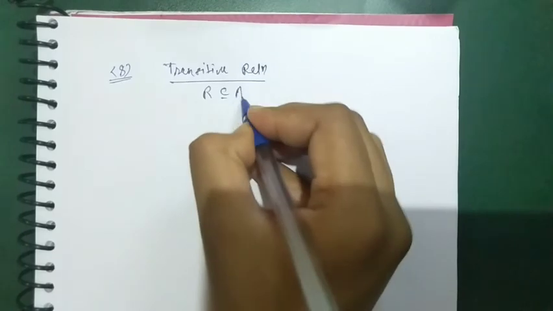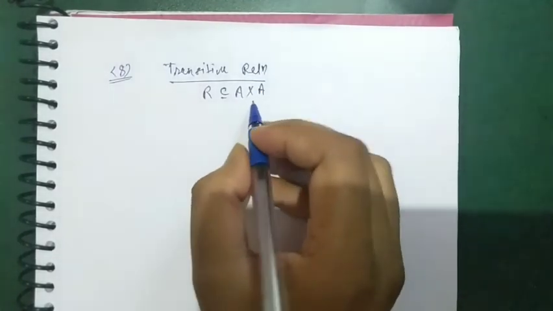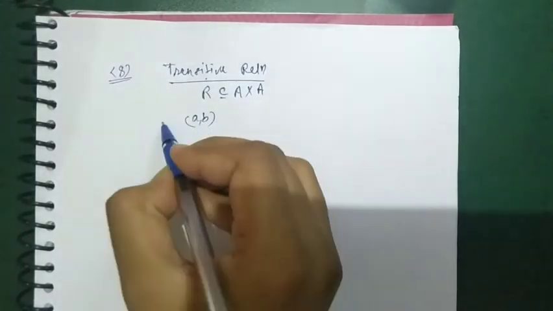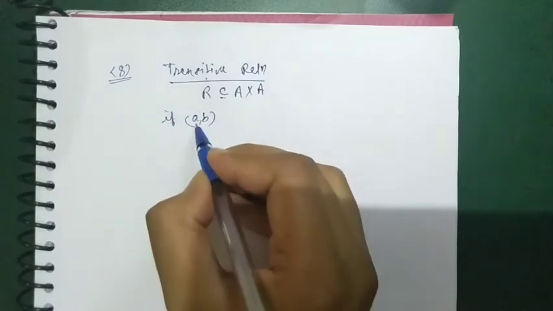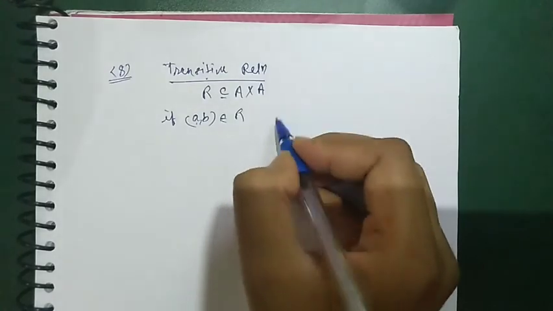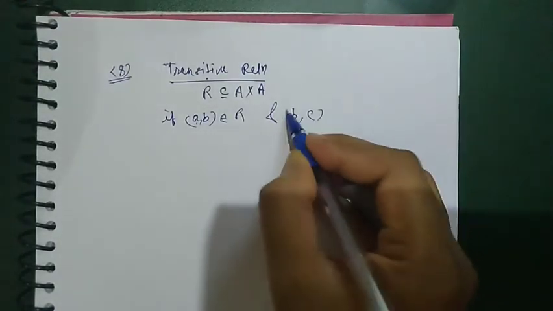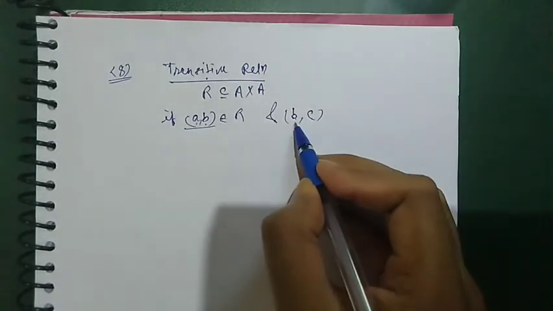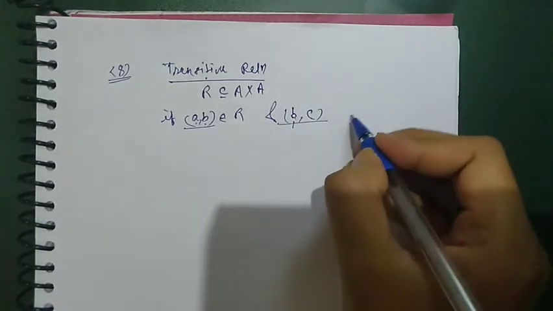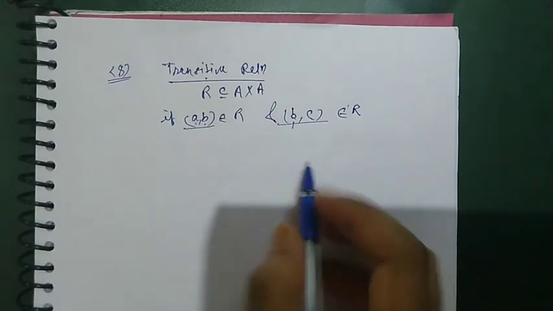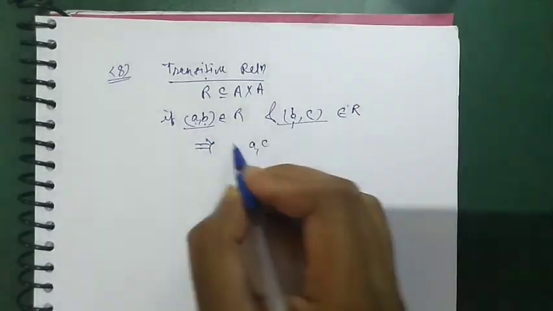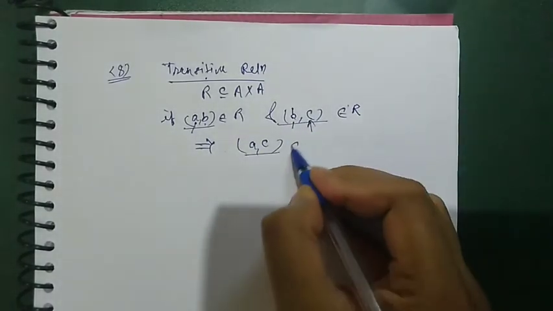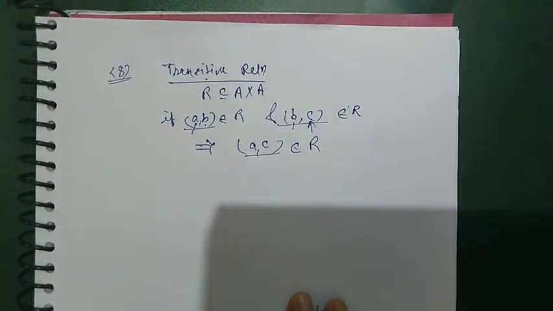Here also let R be a subset of A cross A, that means R is a relation on this set A. Then the condition for a transitive relation is that if the ordered pair A comma B belongs to this relation R, and any other ordered pair, say B comma C, where the second coordinate of the first ordered pair and the first coordinate of the second ordered pair are equal, also belongs to this relation R, then the ordered pair containing the first element from here and the second element from here, that is A comma C, must belong to the relation R. So that is the condition of a transitive relation.